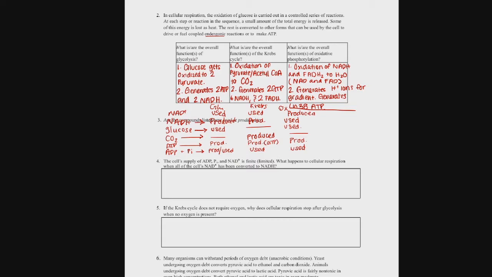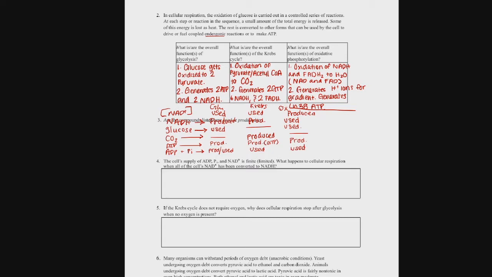There are a lot of processes here that require the conversion of NAD plus to NADH. Both glycolysis and the Krebs cycle produce NADH. As we saw up here, NAD plus is used in both glycolysis and the Krebs. So if neither of those can be used, then both of those processes will cease to function.